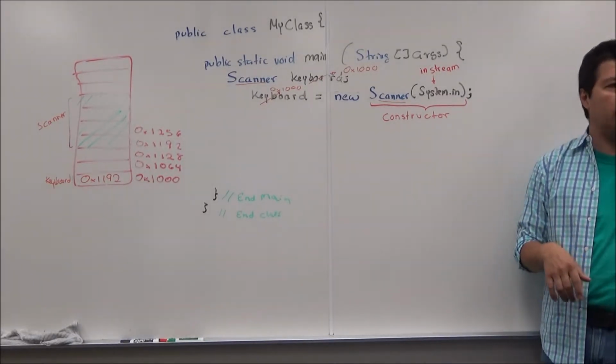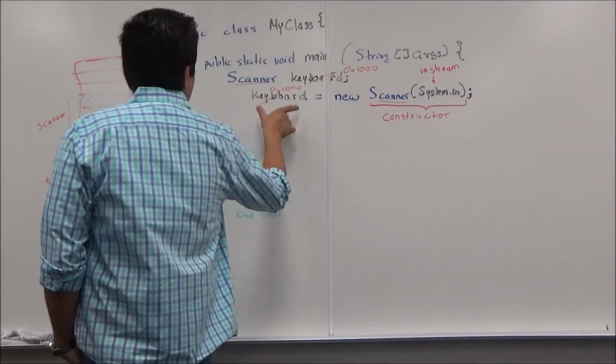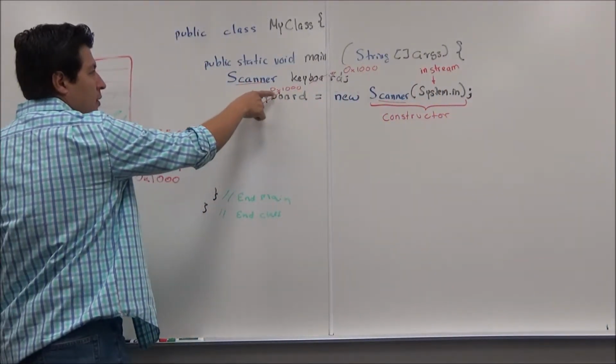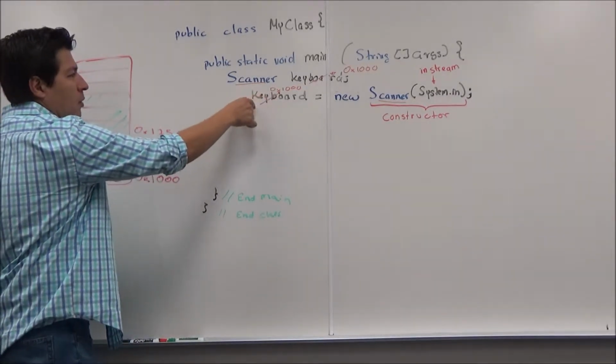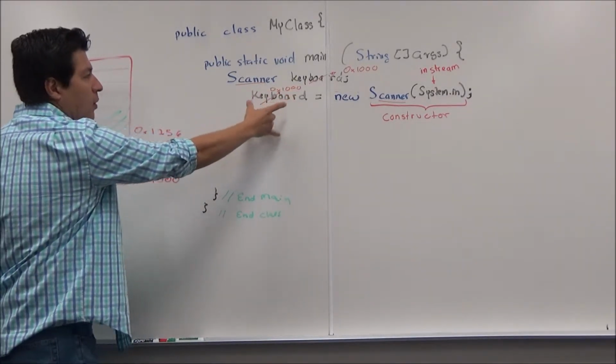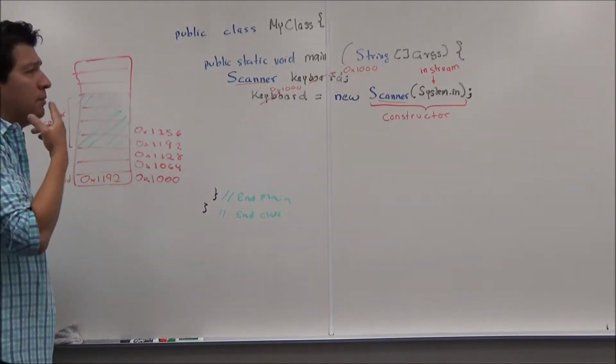I just pull it out. So it's like this. This variable, this address 1000, is pointing to where all my stuff is. Makes any sense? Maybe that was a bad analogy.